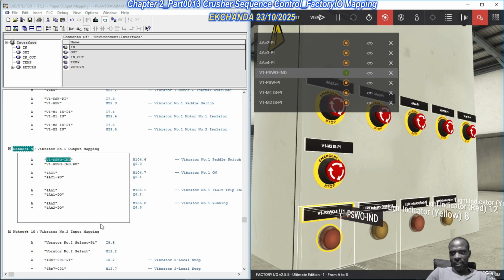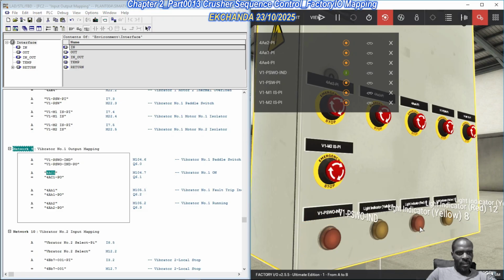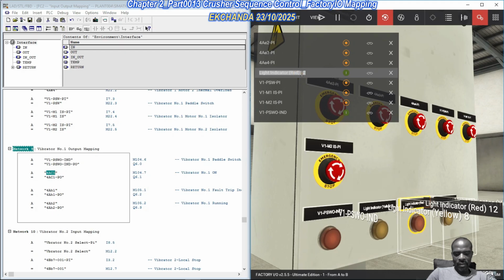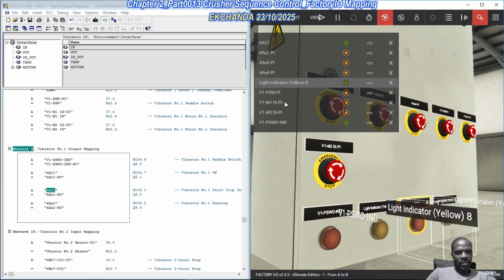Okay, and then for AC1 as a running indicator for vibrator number 1, Control C, we use a red pilot light, okay, which is this one here. That's for AC1, and then the faulted state for vibrator number 1 is for AH1. So Control C, we associate it to the yellow indicator light. Okay, Control V, like so.